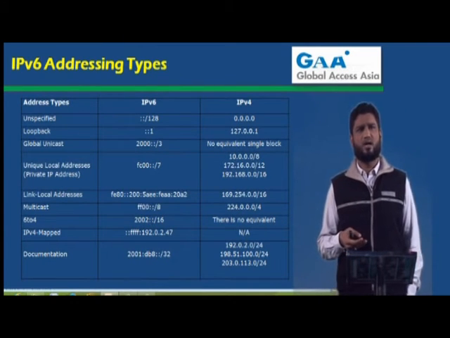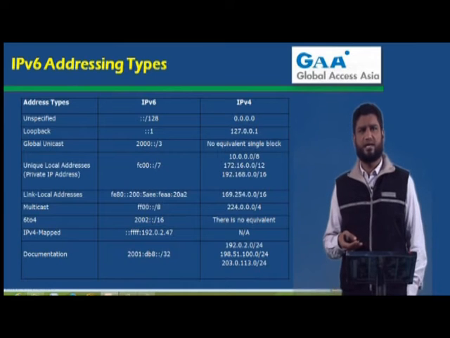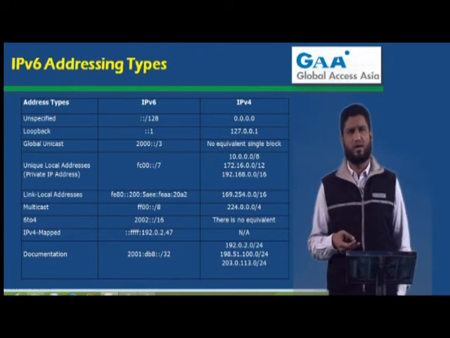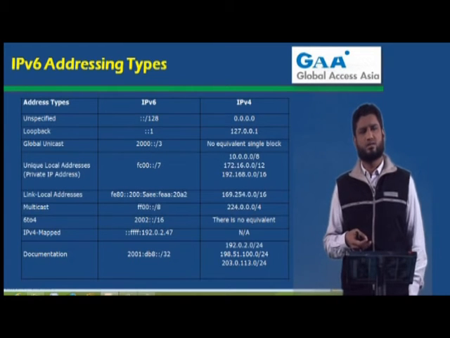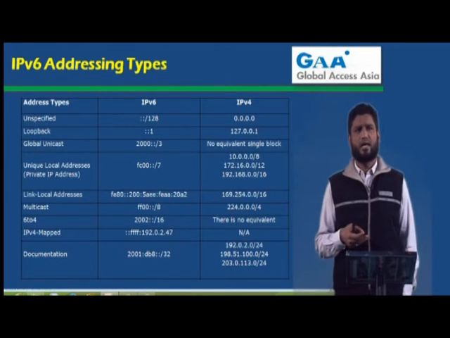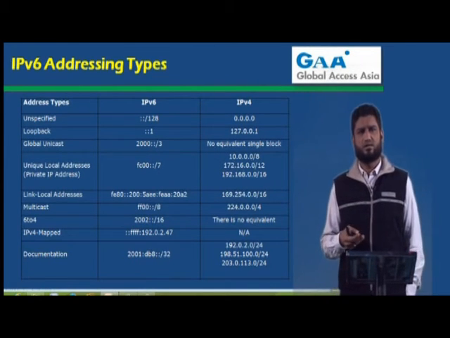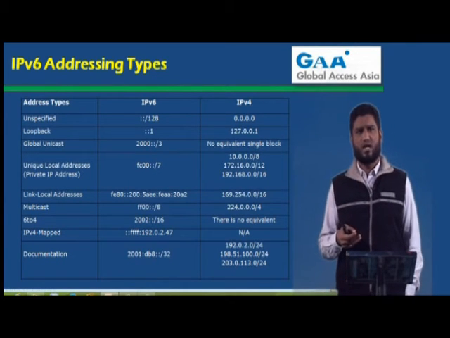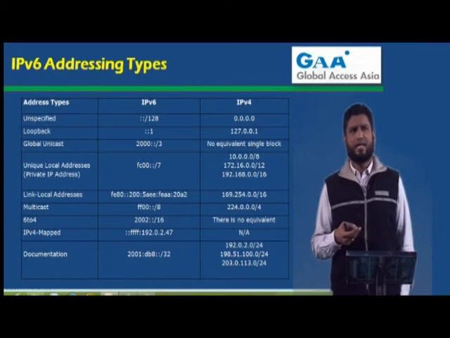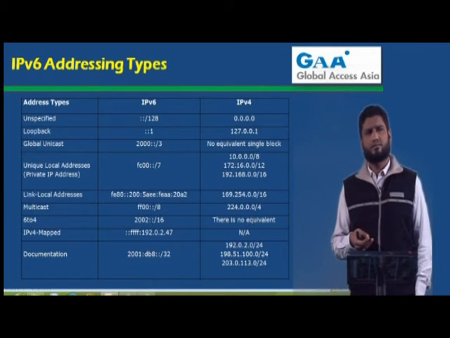Global unicast is 2000::/3, with no equivalent single block in IP version 4. Unique local addresses are FC00::/7, and in IP version 4 you can write 10.0.0.0/8, 172.16.0.0/12, and 192.168.0.0/16. Link local address is very important here.